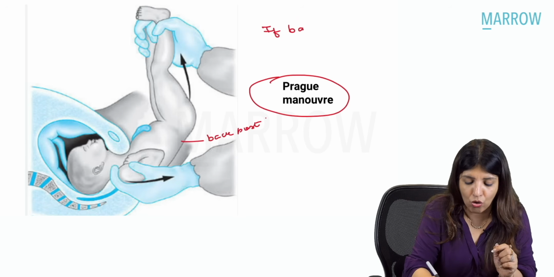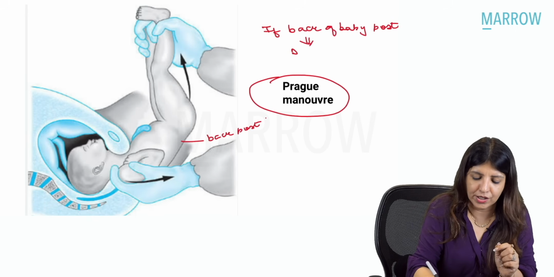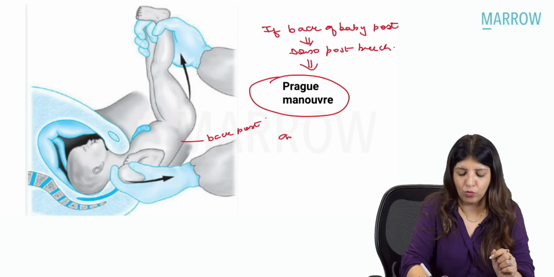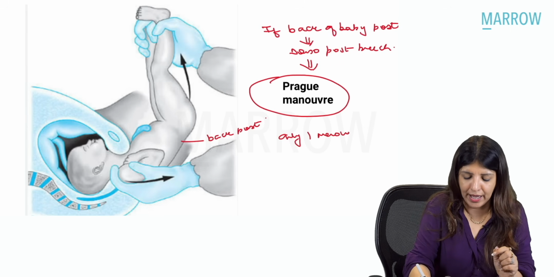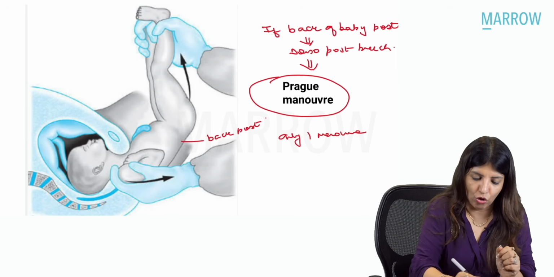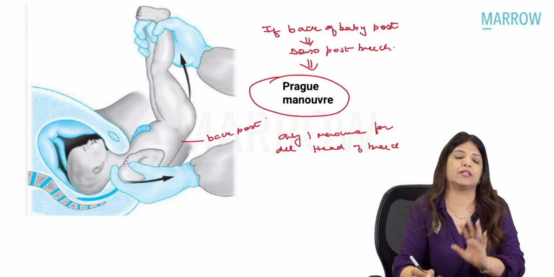So, if the back of the baby is posterior, that is, it is dorso-posterior breech, then there is only one maneuver for delivering the head of breech, and that is Prague's maneuver.